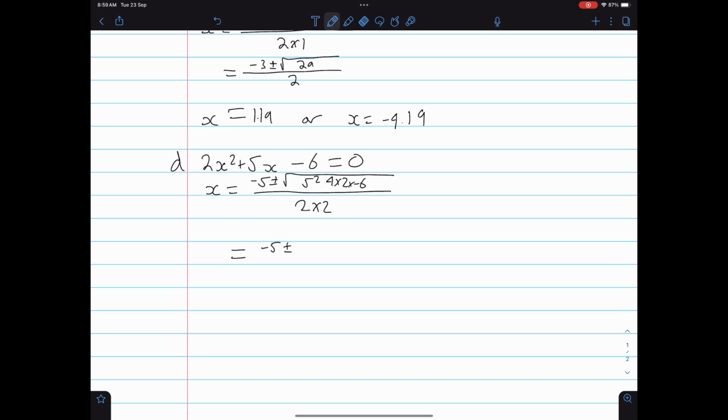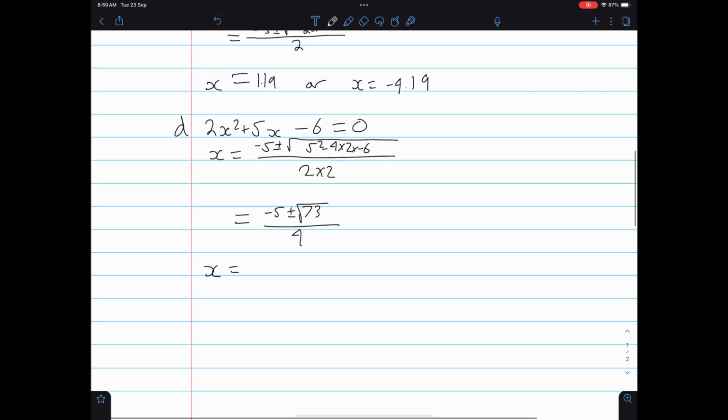It should be a minus, sorry. So that means x will either equal negative 5 plus root 73 over 4, or minus.